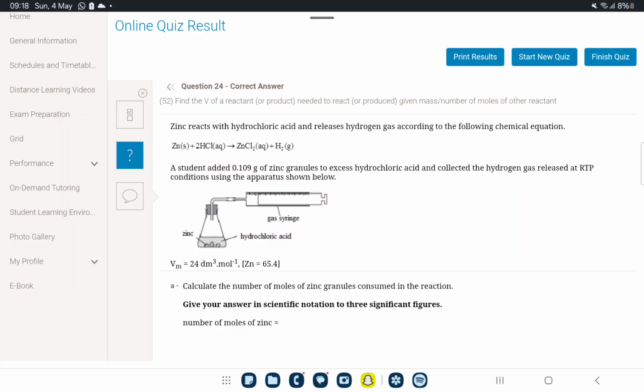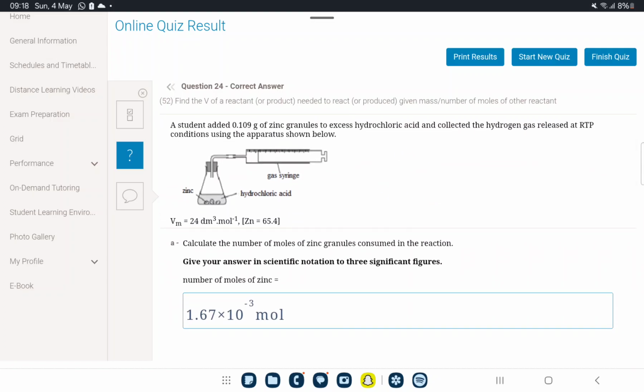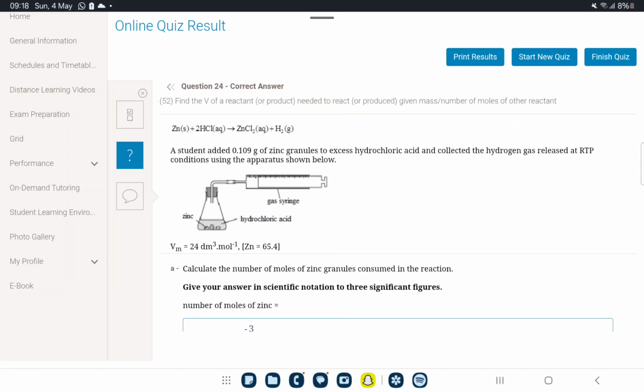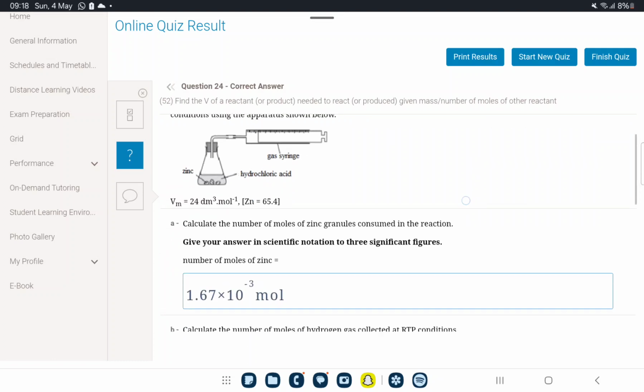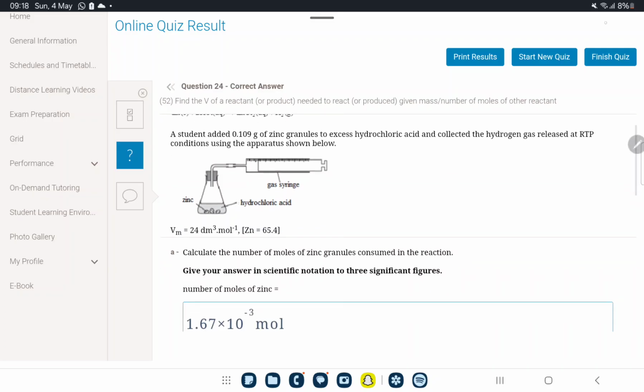So we have this reaction. We check if it's balanced. We have 1 Zn, 2 H's and 2 Cl's. It's balanced. We want the number of zinc moles consumed in the reaction. So we have 0.109 grams of zinc. Zinc is a metal, so it's just 65.4.